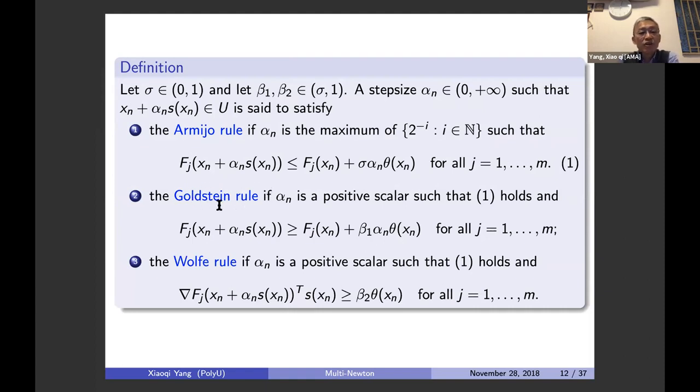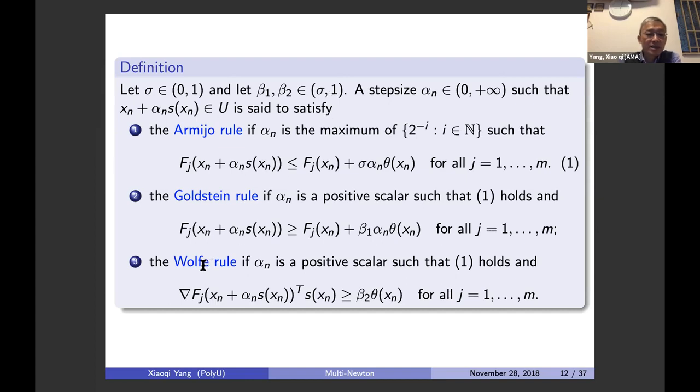Another one is the Goldstein rule, which, apart from this first inequality, also needs alpha n to satisfy one more inequality with a particular beta 1, where beta 1 is between sigma and 1.